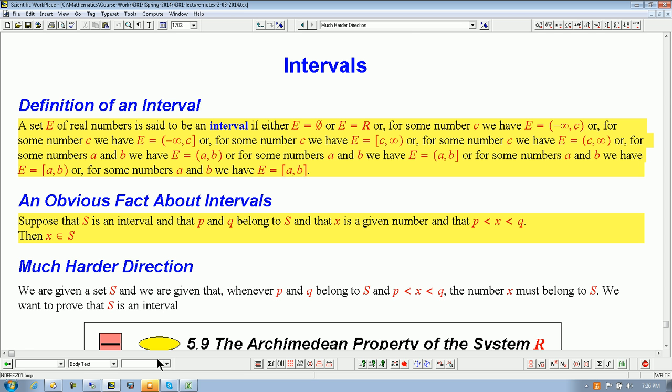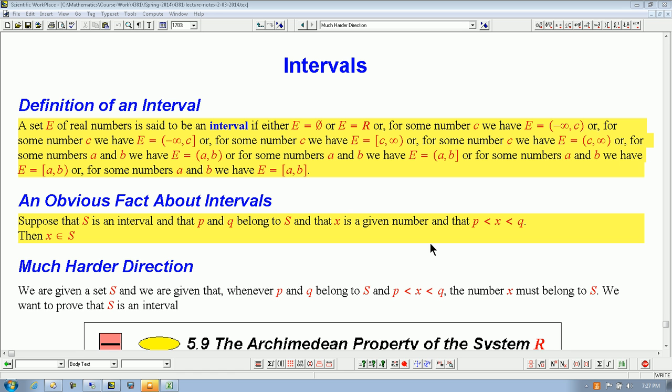We are given a set S, and we're given that the condition that I wrote over here works. In other words, what is the condition? That a number that is flanked on either side by members of S has got to be a member.